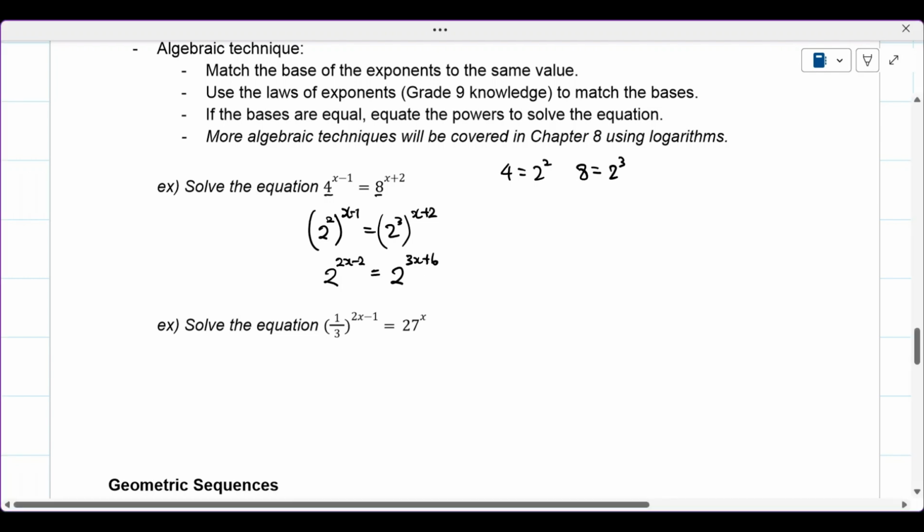I multiply 3 and x plus 2. Now that the bases are the same, the only part we have to do is just solve the upper powers. So now it's going to be 2x minus 2 is equal to 3x plus 6. Now we solve it. Negative 8 is equal to x. So x is equal to negative 8 is my final answer.